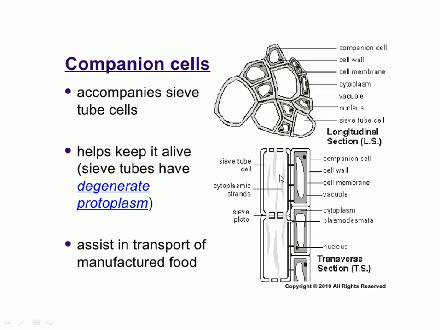But in angiosperms both the sieve tube element and the companion cell work together for the transportation of food. So the main function of the companion cell is to assist in the transport of manufactured food.